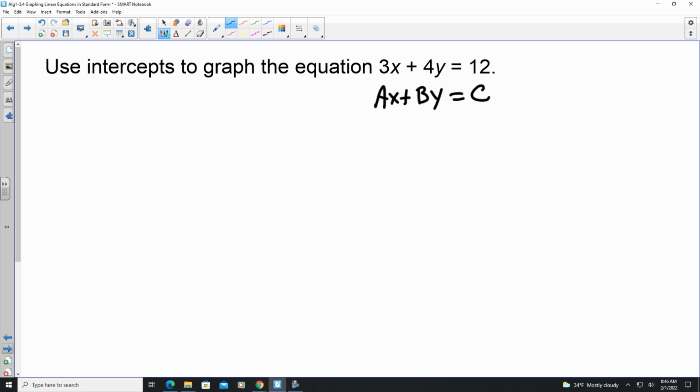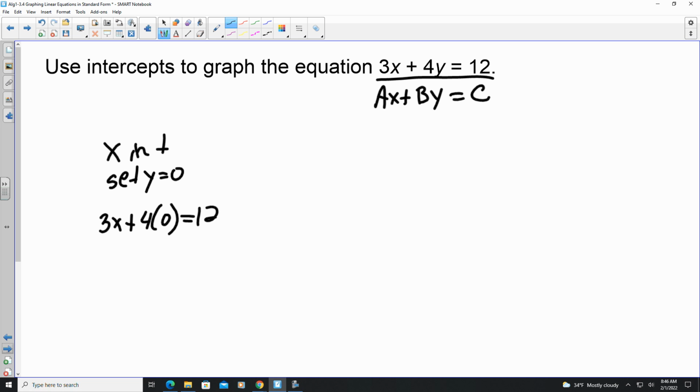The first thing that we are going to do is find the x-intercept. In order to find the x-intercept, we have to set y equal to 0. So utilizing this equation, I'm going to say 3x plus 4 times 0 is equal to 12. That is how we set y equal to 0.